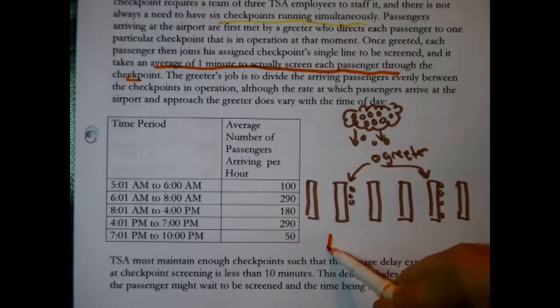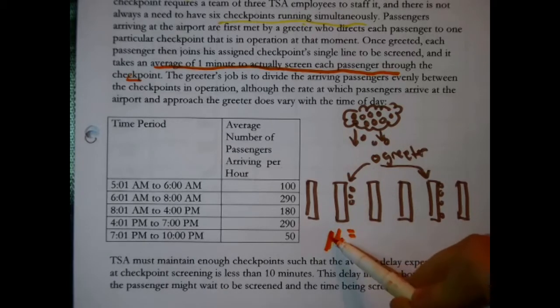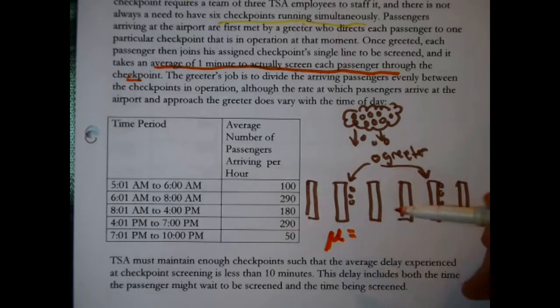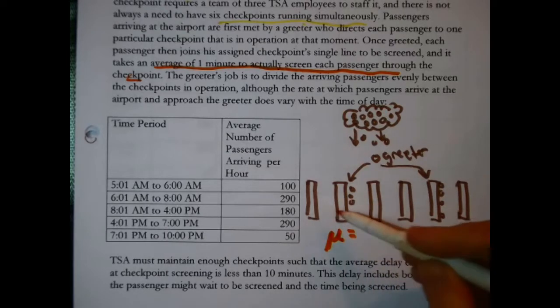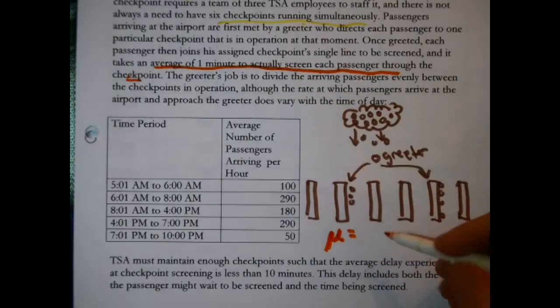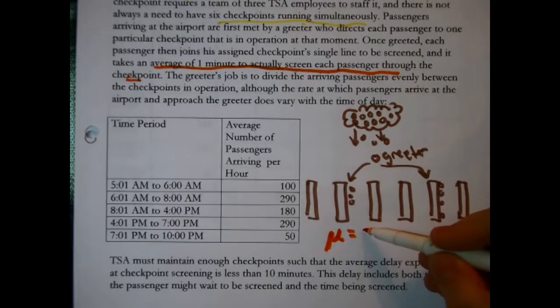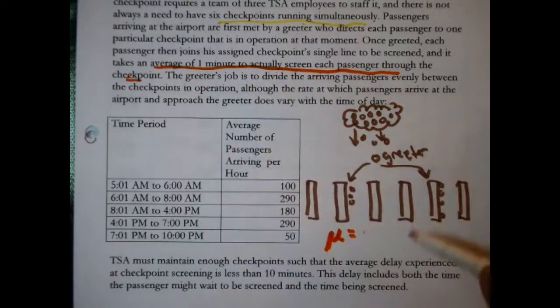That implies that each one of them is working at a certain rate. The abbreviation for that rate in the M/M/1 model is mu. It's going to be the same for each one of them. And we have this fact, an average of 1 per minute. We don't want to write 1 here though, because that's a length, an average of 1 minute.